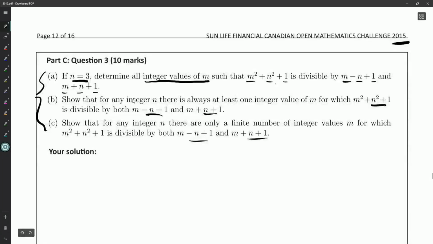All right, B part. Show that for any integer n, there is always at least one integer value of m for which m squared plus n squared plus 1 is divisible by both of them. Okay, so now we have a non-fixed value of n. What can we do?